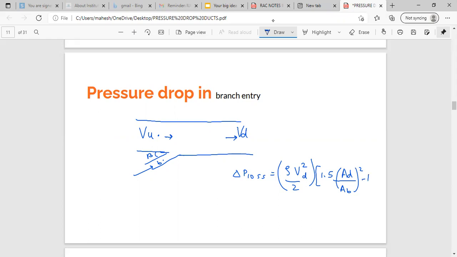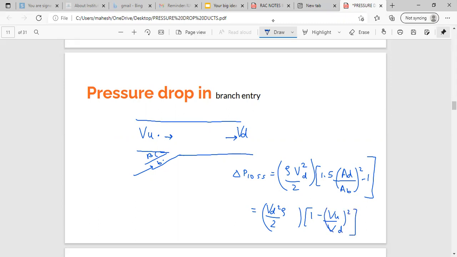So this would help you calculate the pressure drop in the branch entry. It can also be expressed in terms of velocity if you like. It would be somewhat like this: Vd square rho by 2, again into 1 minus Vu upon Vd, bracket square.